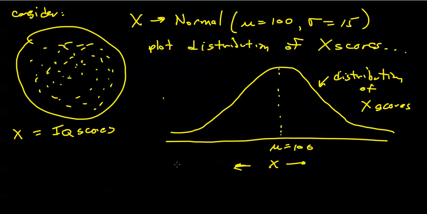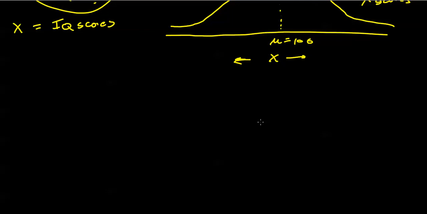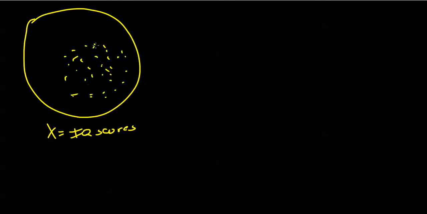Now I'm going to ask you to consider another graph here. I'm going to take the same population of IQ scores. Same deal. We've got millions and millions of people taking IQ scores in all of recorded time, and every dot represents an IQ score.